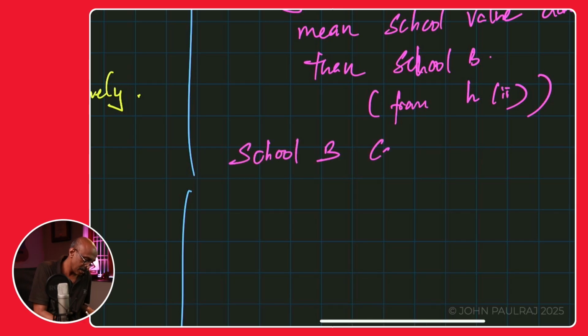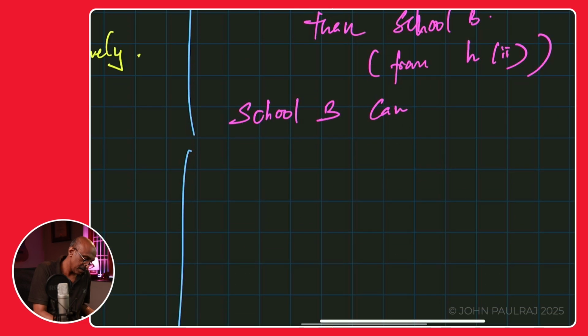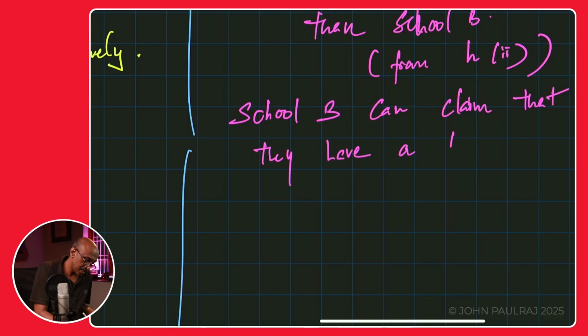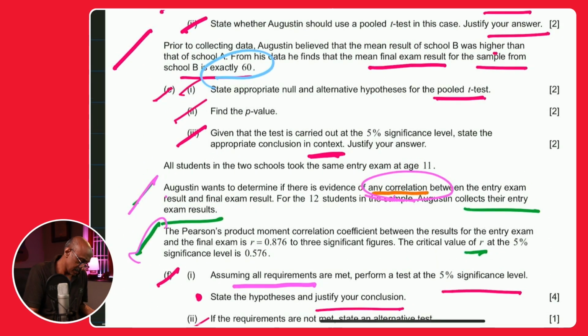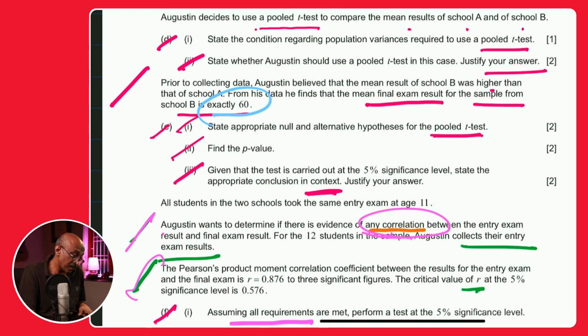B can claim that they have a better or a higher mean exam result. Let me just go back and check the right word. Mean final exam result.